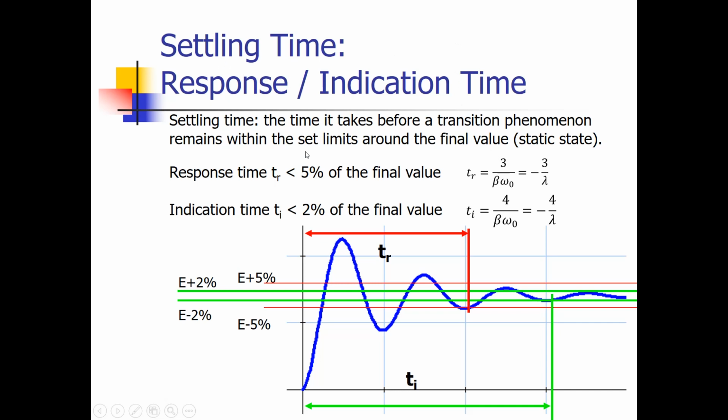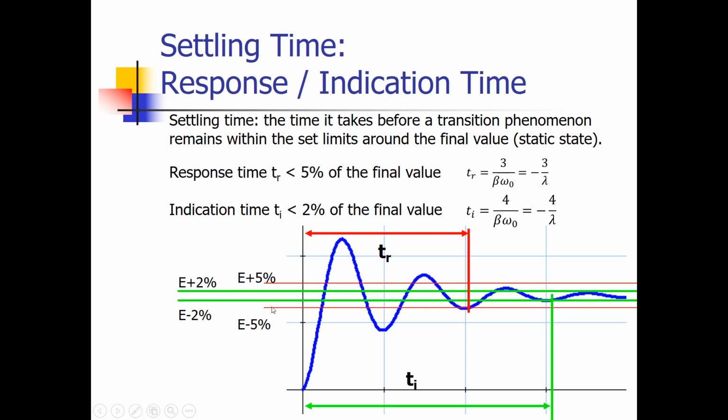First of all, the definition of the settling time is the time that it takes before the signal is within a so-called band around the end value. We define two settling times. The first settling time is the response time, and that is the time in which the output signal stays within 5% of its final value.